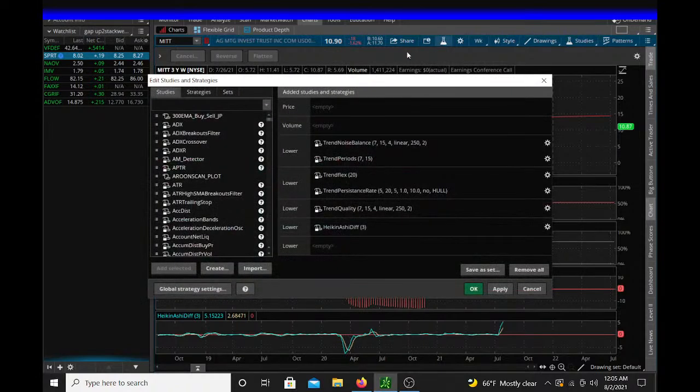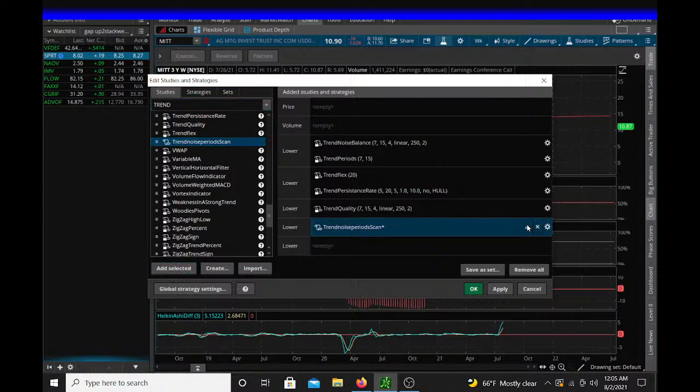And let's see here. I don't know if I still have that scan. This could be it.